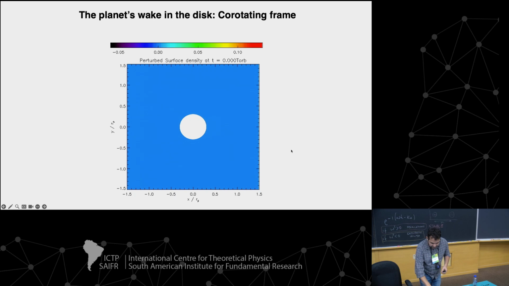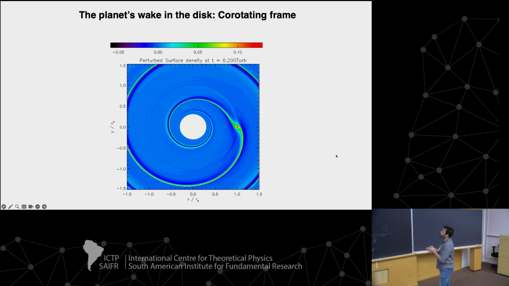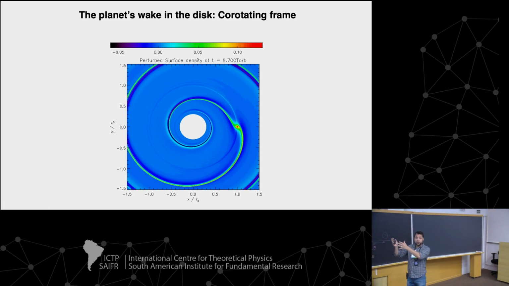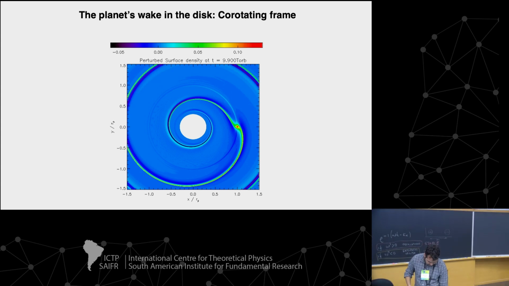If you look at the wake that the planet generates, but now in a system that is following the rotation of the planet, that's the shape that you get. The shape is stationary in a frame that is moving with the planet, right? So that's just like that V-shape wave, but now you add here the faster motion in the inner orbit, so then the wake will overtake the planet.